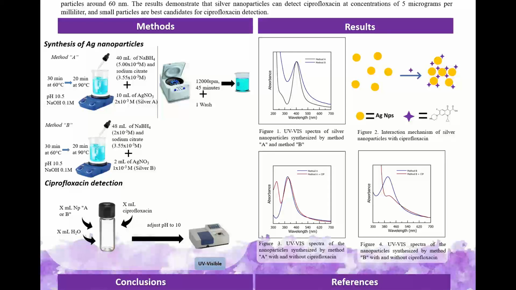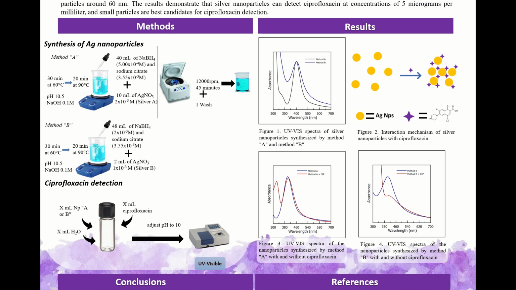For the synthesis of Method A, 40 ml of an aqueous solution of sodium borohydride, 5 times 10 to the negative 4 molar, and sodium citrate, 3.55 times 10 to the negative 3 molar, was prepared with vigorous stirring for 30 minutes at 16 degrees Celsius.